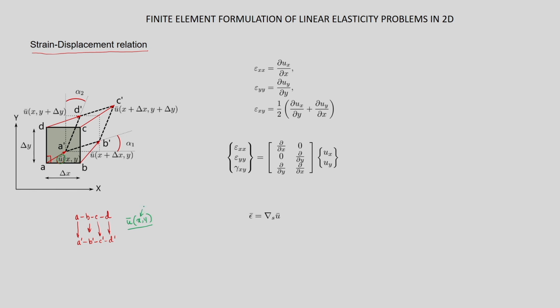So the displacement of A is denoted by u bar. It has two components along x and y, that is ux and uy, and each of them will be a function of x and y.